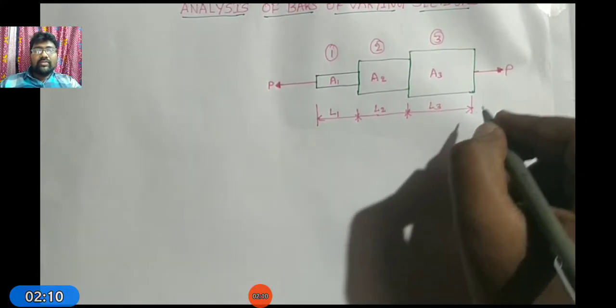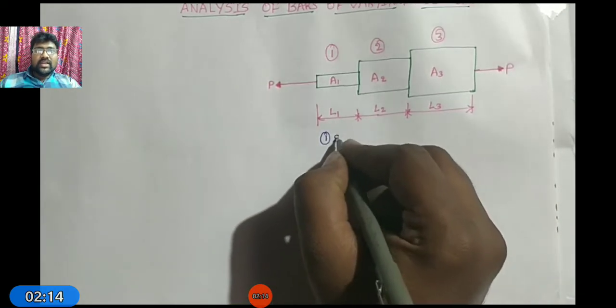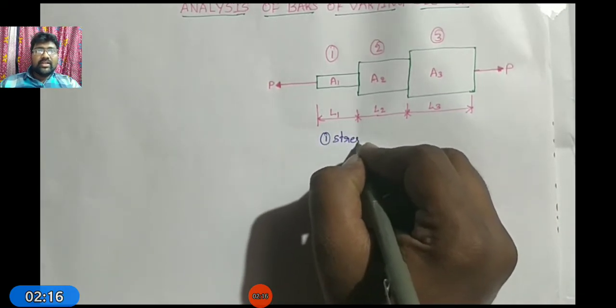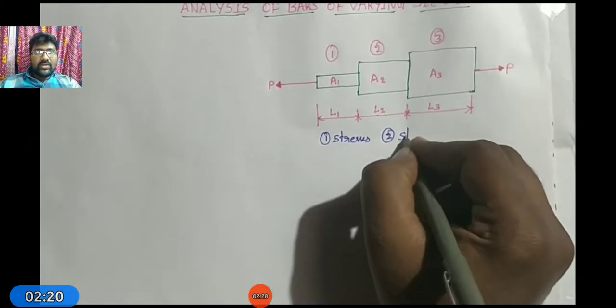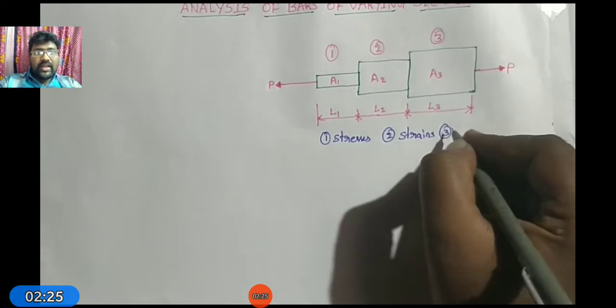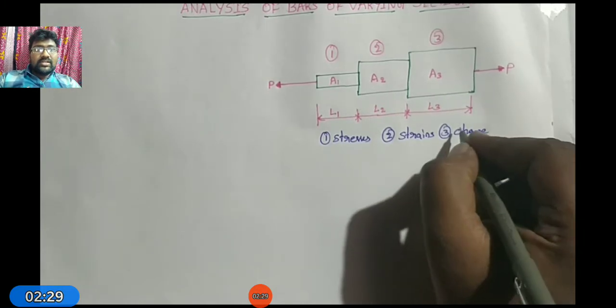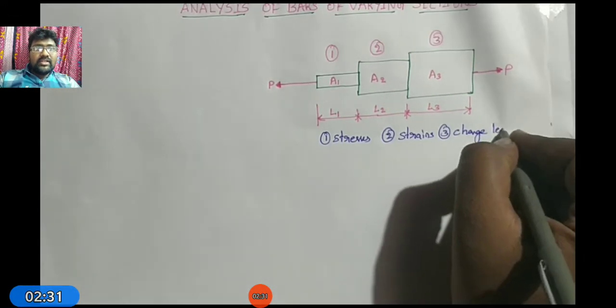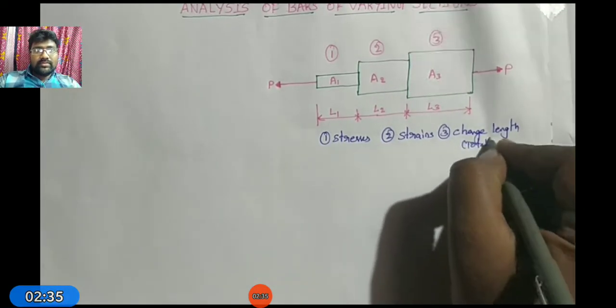But in case of stepped bars, the stresses, strains and change in length in the material are different for every section. So we need to calculate stresses, strains and change in length due to the applied load.